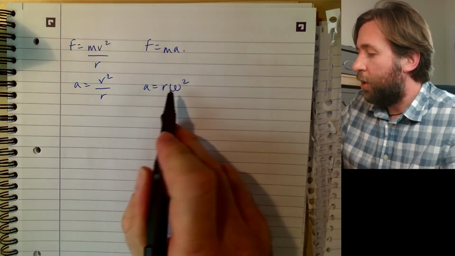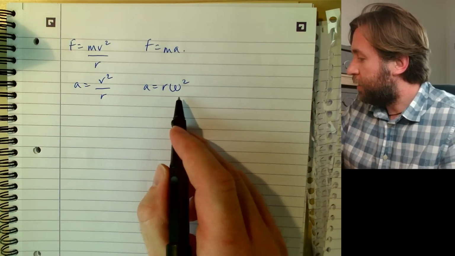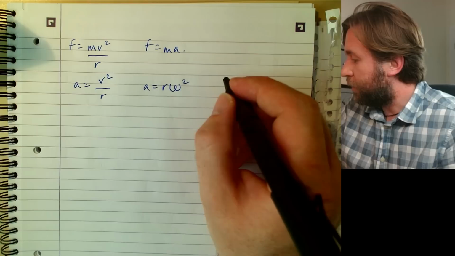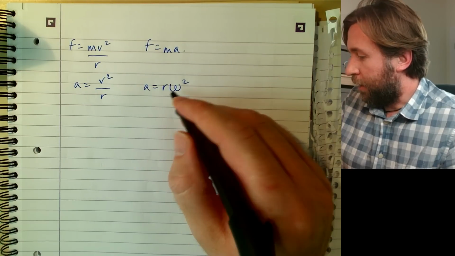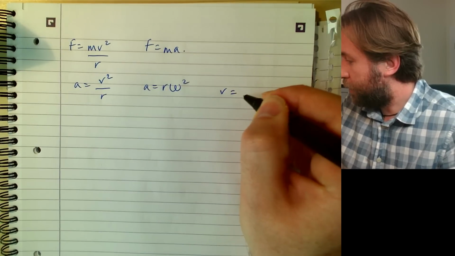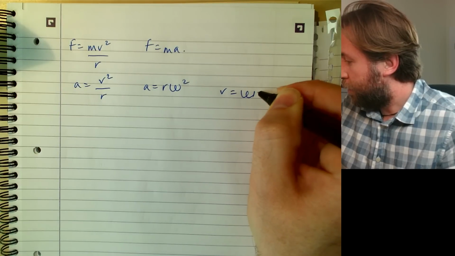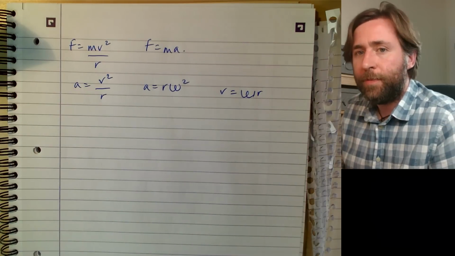So it comes from, well, what is omega squared, and what is v. So here's an equation that we can express. So v is omega r.